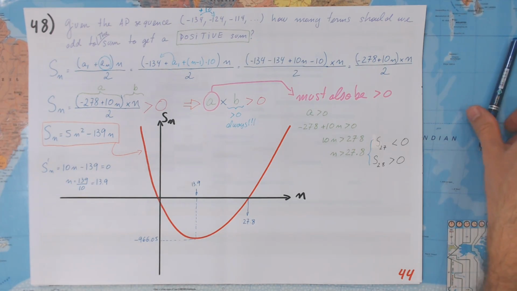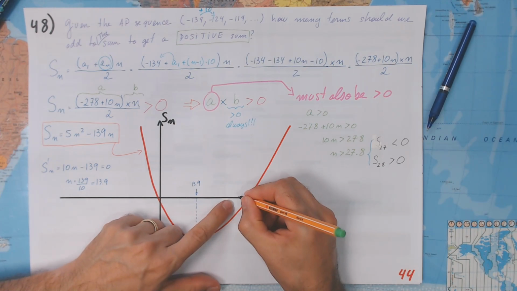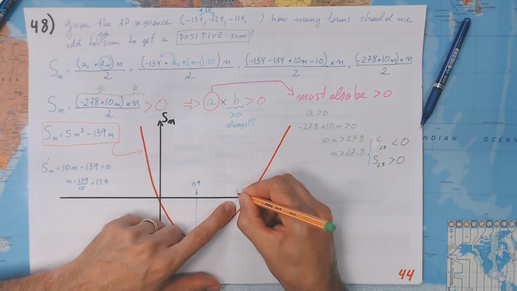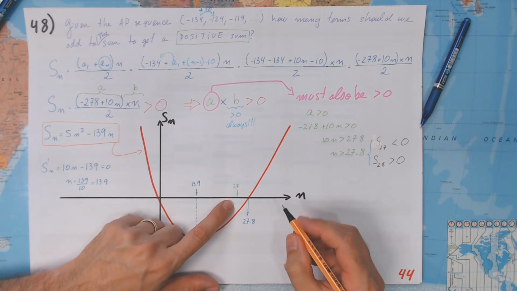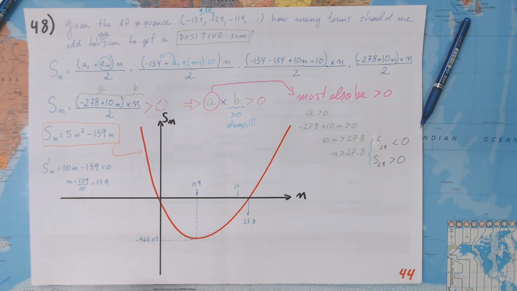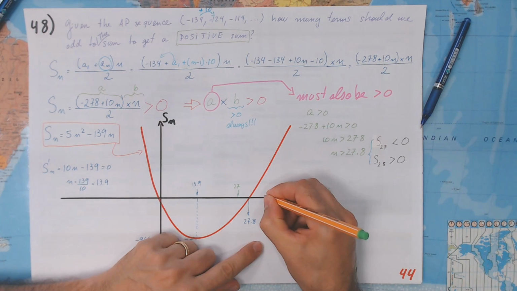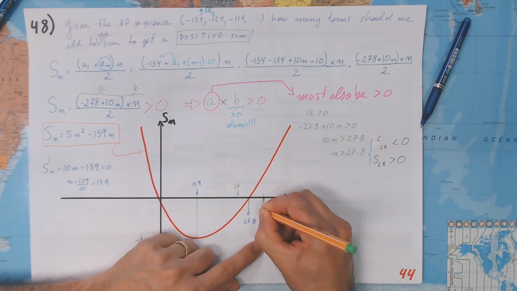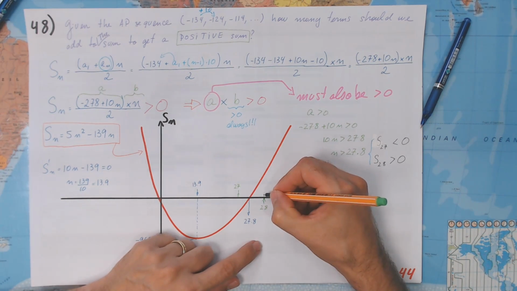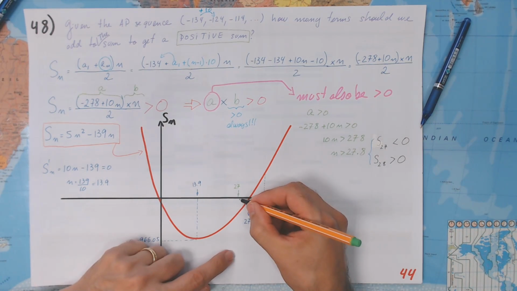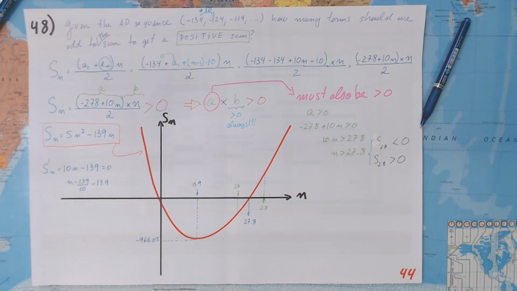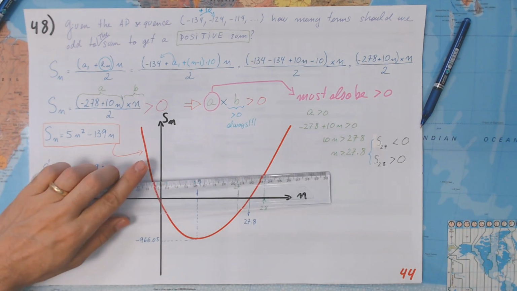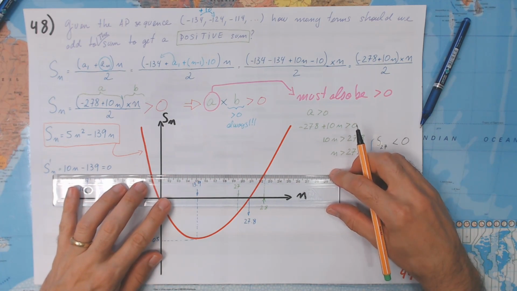Now, what I want you to understand is this, okay? This is going to be n equals 27, this part in here. And this is going to be n equals 28, okay? And if we just map it to the curve, if n equals 28, what is going to be our summation? It is going to be positive, okay?